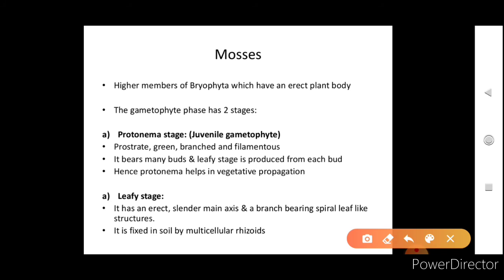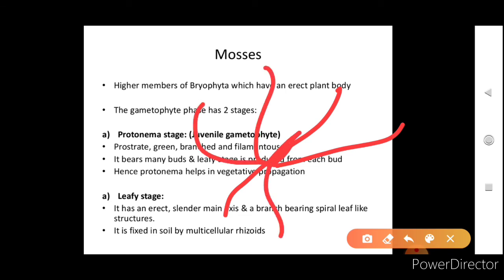Now the second one is the leafy stage. It has an erect, slender main axis and branches bearing spirally arranged leaf-like structures. It is fixed in soil by multicellular rhizoids. The protonema stage will be like this, in which buds will be present like this, and from one of these buds the leafy stage will arise.